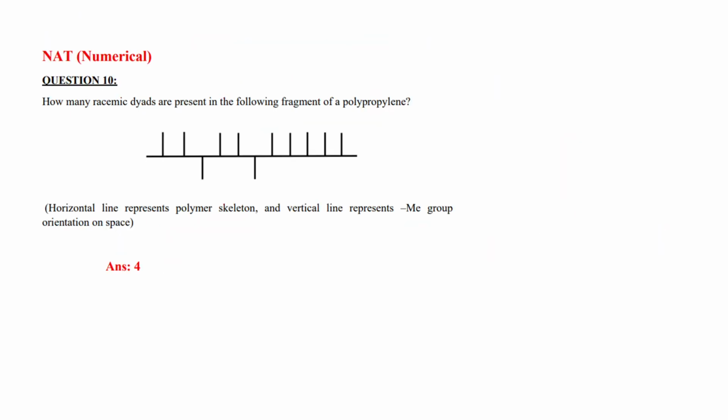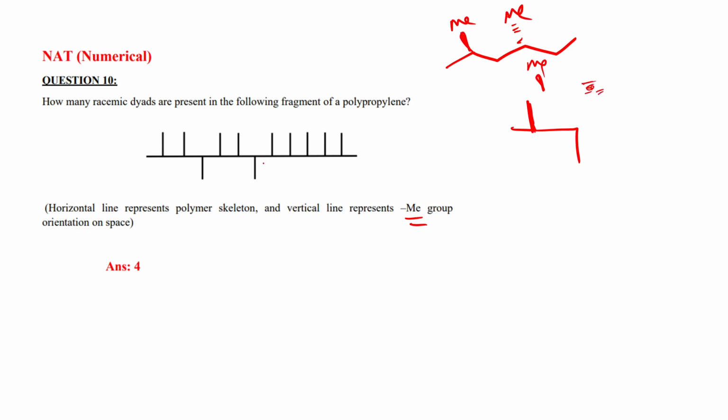So, it's one of the questions: how many racemic dyads are present? We know what racemic dyads are. Here they have shown the methyl group. If it is above like this, we consider it as above, and if it is below, we consider it as below.